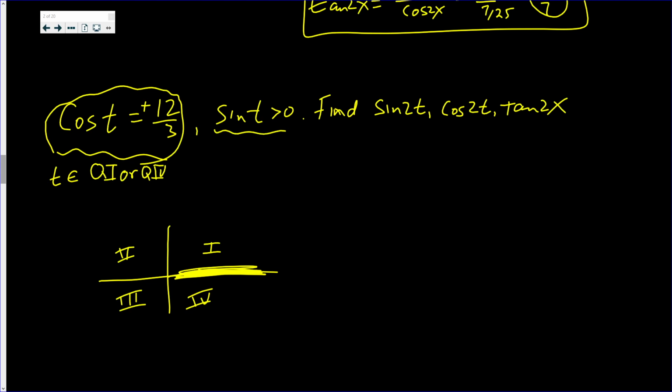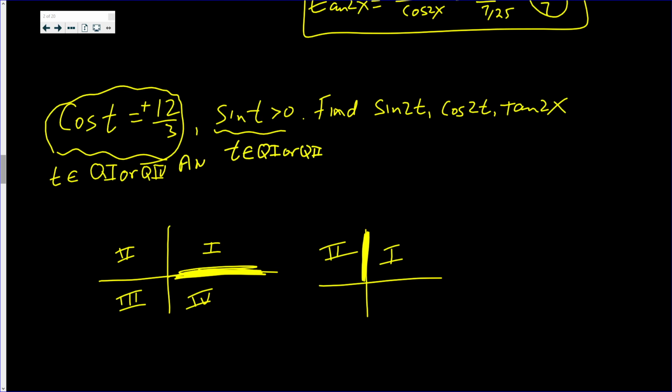The sine of the same angle t is positive. Well, sine deals with the opposite. The opposite is positive in quadrant 1 and quadrant 2. So t is in quadrant 1 or quadrant 2.